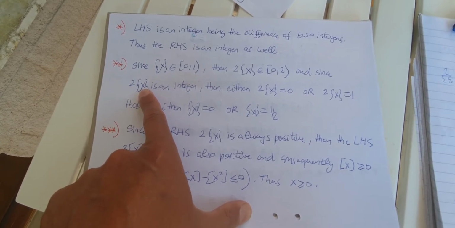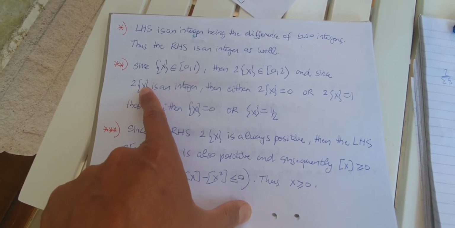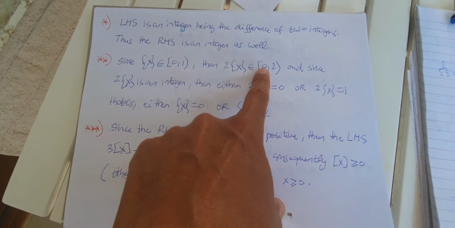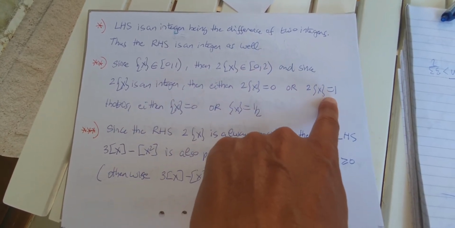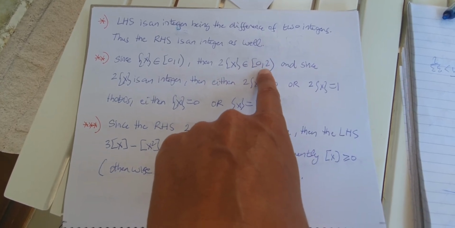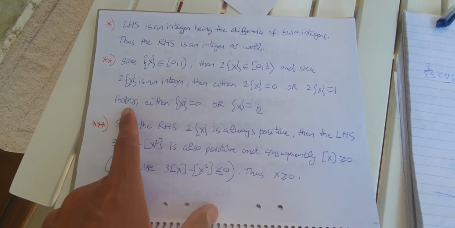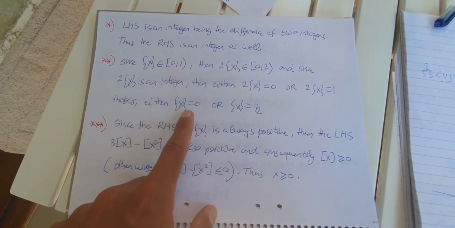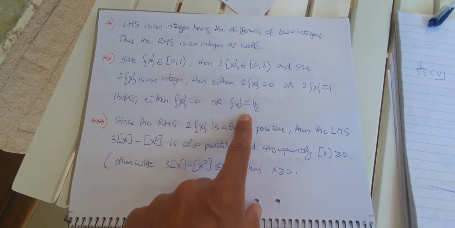Then this means that either 2 times the fractional part of x is 0, or it is equal to 1, which is the other integer in this interval. That is, we either have fractional part of x is 0 or fractional part of x is a half.